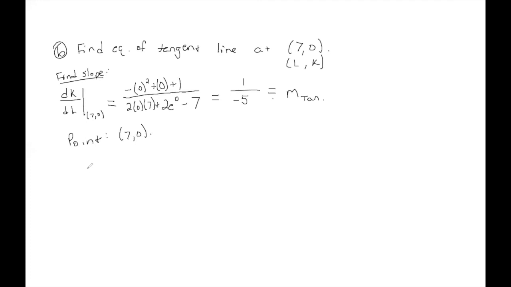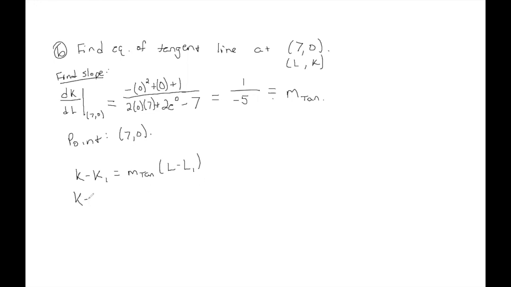k is now acting as our y, right? It's ml plus b, if we want to write it this way, or probably the better way to write it. Actually, I should probably just stick with point slope form. K minus K1 equals M tan times L minus L1.